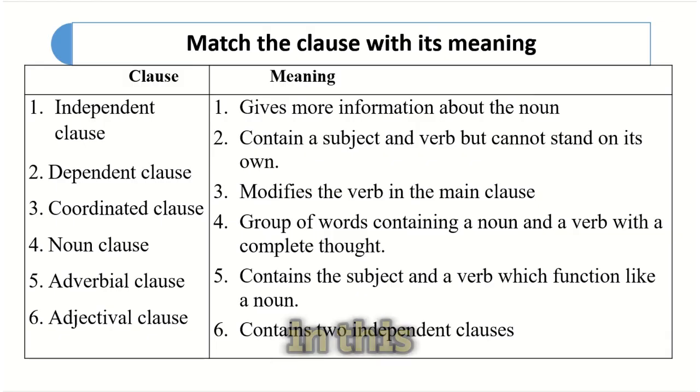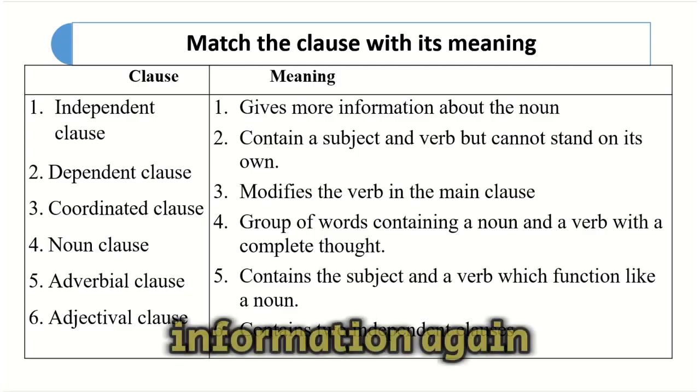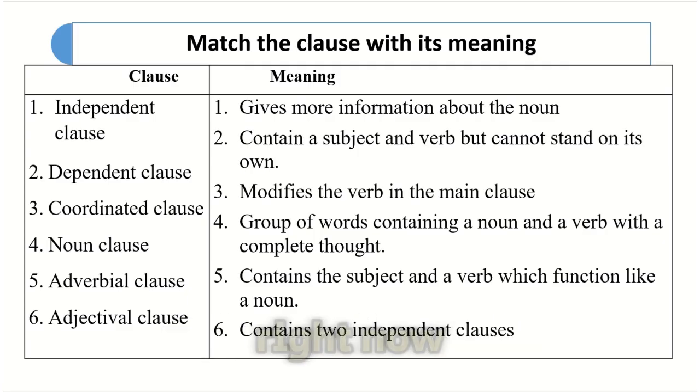You can go back in this video and look at the information again. Right now, let us try to tackle this one together. I would like you to match the clause with its meaning. On your left, you can see the type of clause. On the right, you can see the meaning. Number 1 says independent clause.